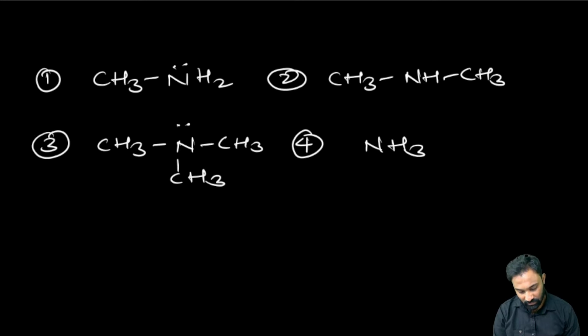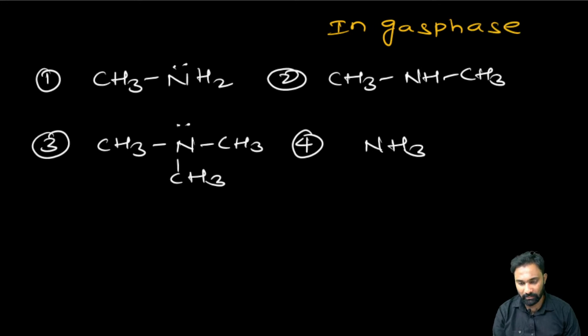If they ask what is the basic nature of these amines in the gaseous phase, there are two types of basic nature we have for the amines: in the gaseous phase it is different, and in the liquid phase it is different. I am asking about the gaseous phase. Can anyone tell me what is the order of basic nature of these amines?